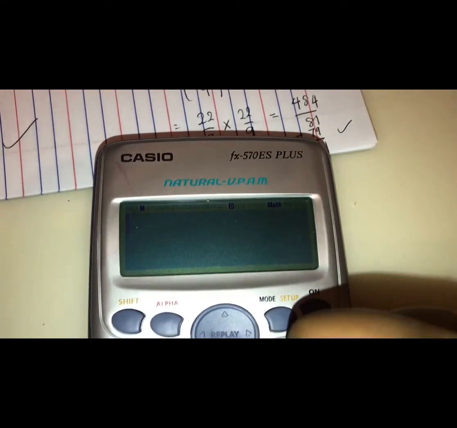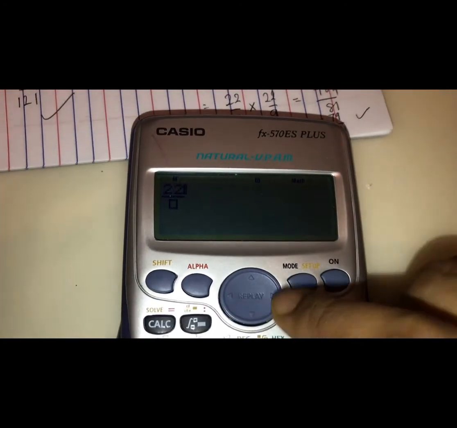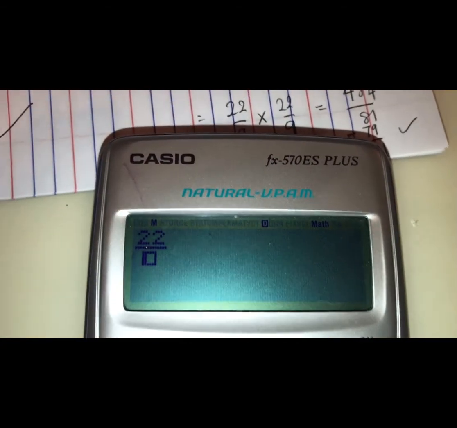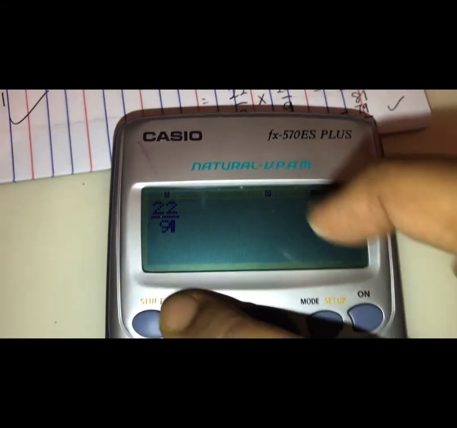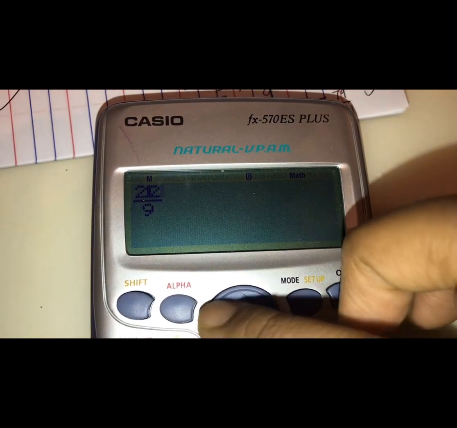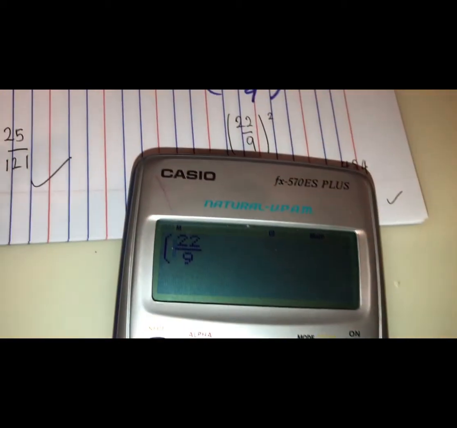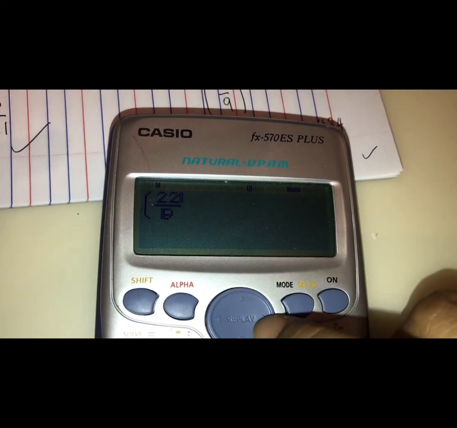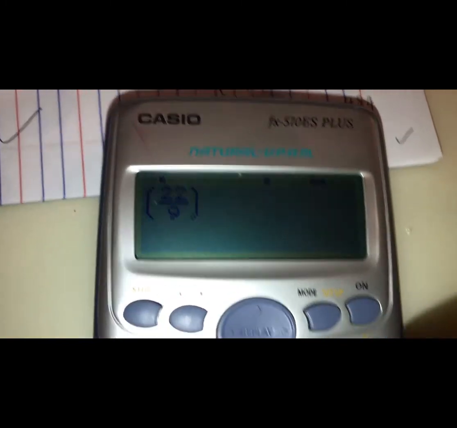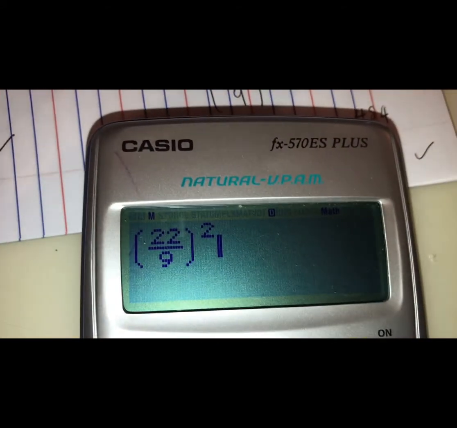If it is a fraction, you have to use brackets. If no bracket, you will get a wrong answer. Close bracket, and then press square, and then press equal.